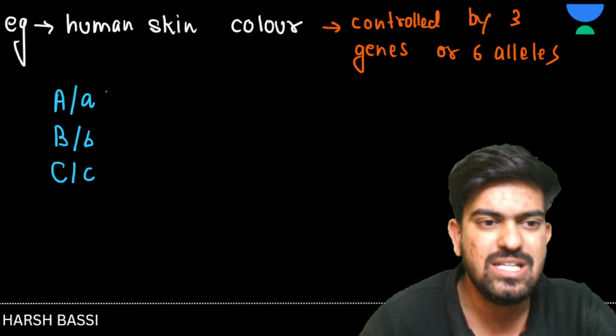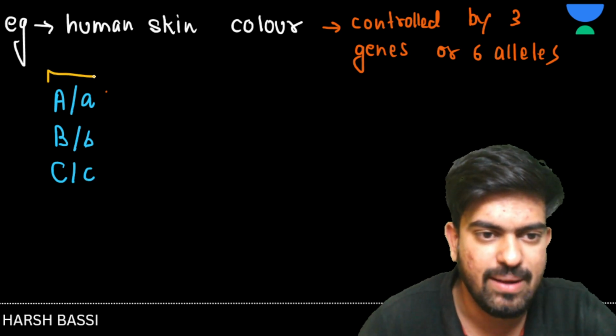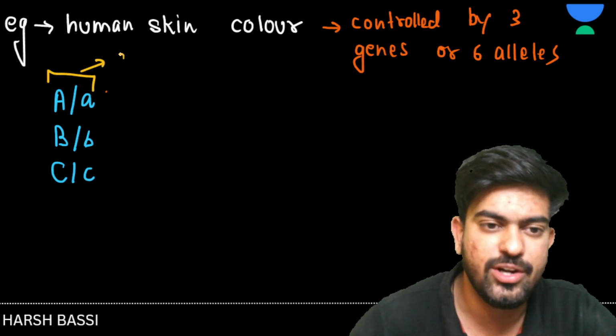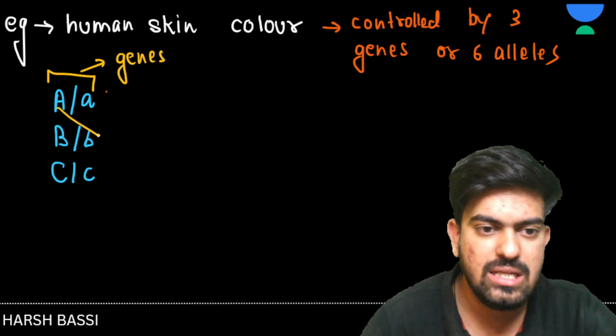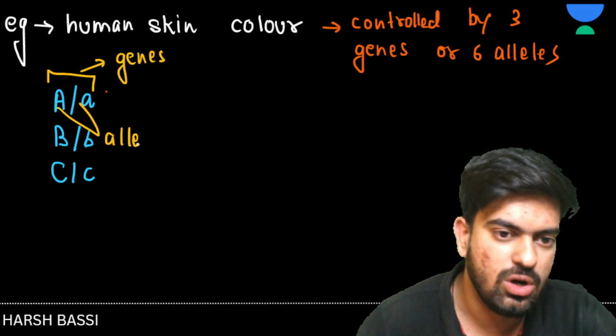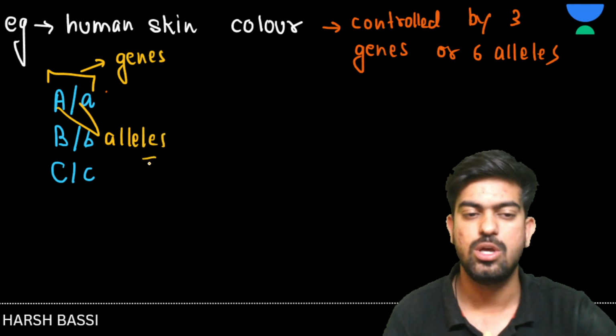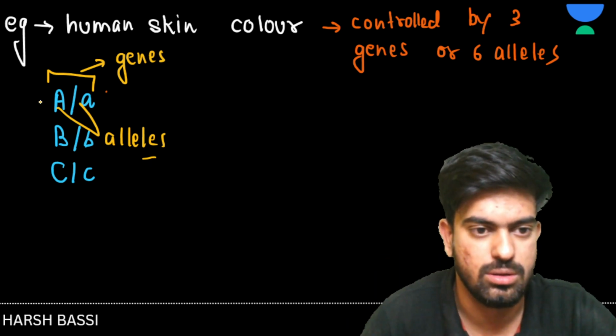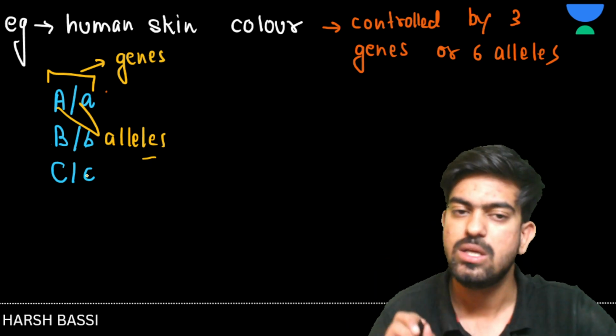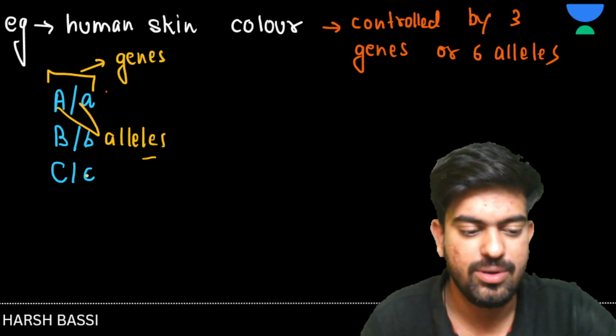So these are the three types of genes controlling human skin color, and these are the alleles of a single gene. In total, three genes and six alleles: 1, 2, 3, 4, 5, and 6. Clear?